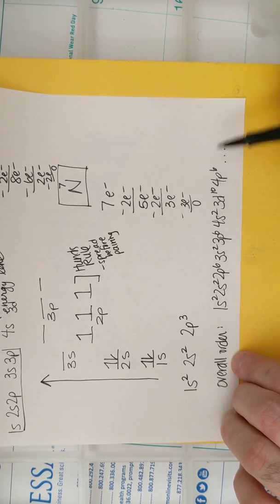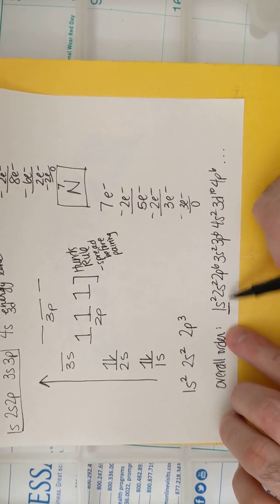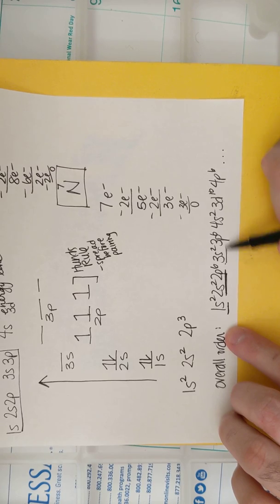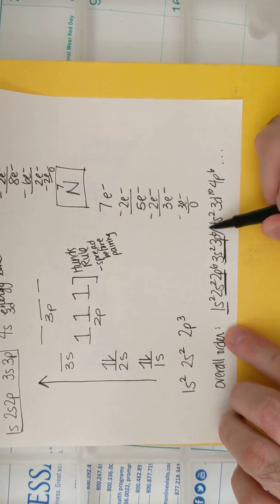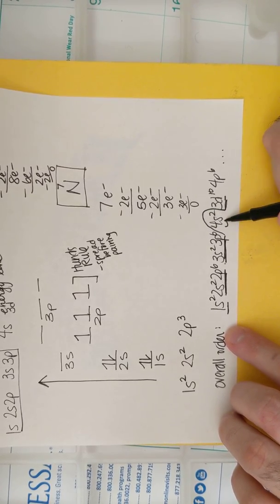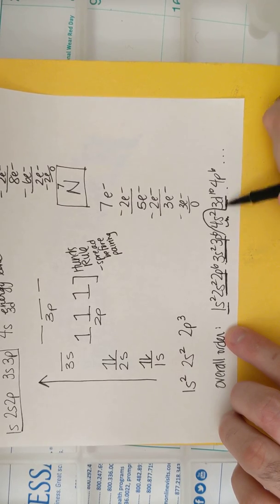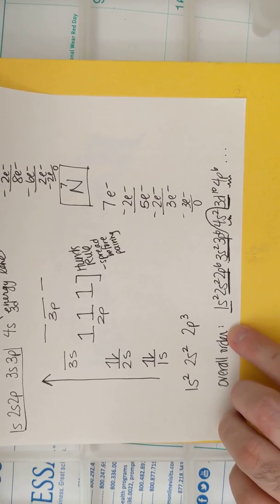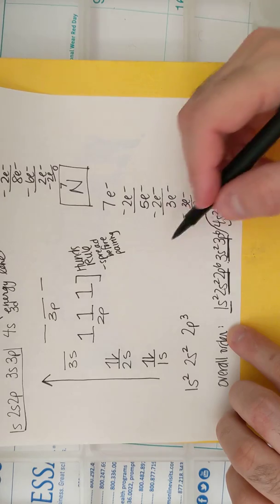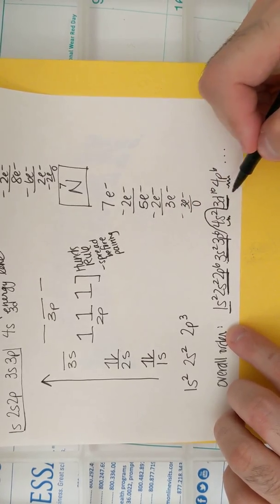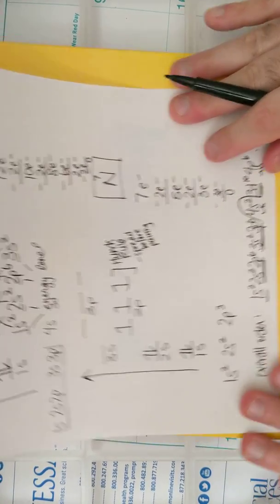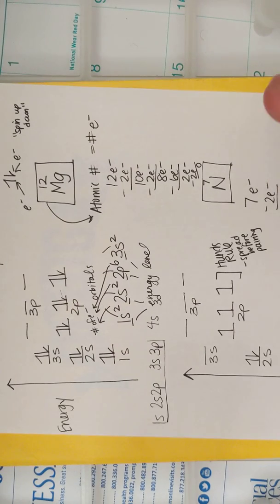So I do 1s, then 2s and 2p, then 3s and 3p, and then 4s, then 3d, and then 4p. That is the order. You're going to see tomorrow why I go in this order, and it's weird. But for right now, I just want you to watch this video and make sure you're able to write some simple electron configurations for tomorrow.